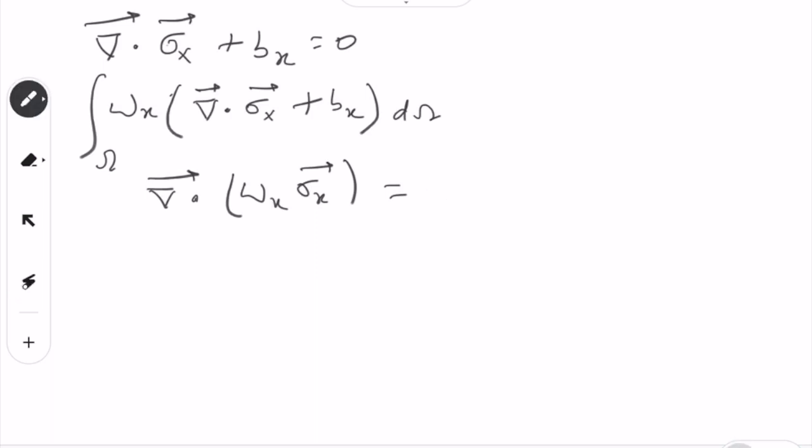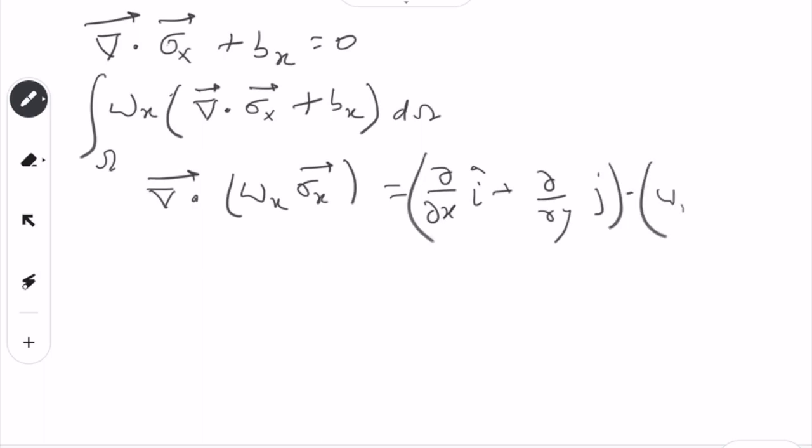So this will be sigma del over del x I plus del over del y j, and then dot, and we have wx, and then we have to multiply by what? Sigma xx I plus sigma xy j, right, okay.